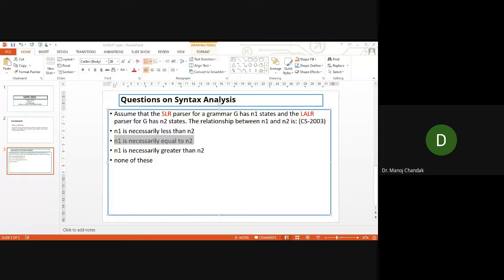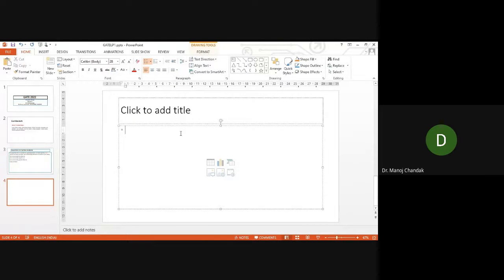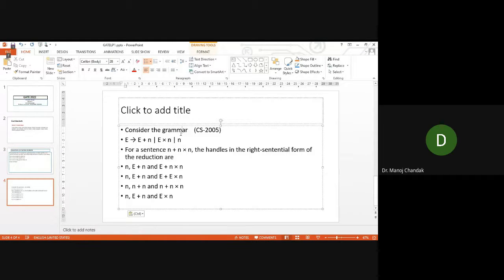Then this is one more question which is repeated many times in the GATE paper. Let me come to that question. Every question in the GATE will have four choices.